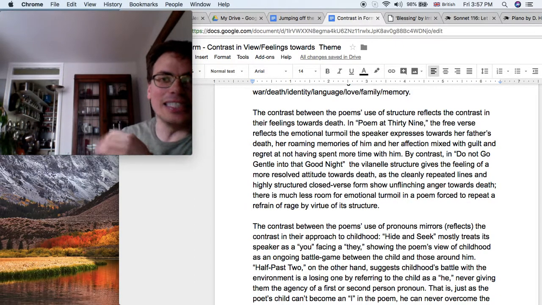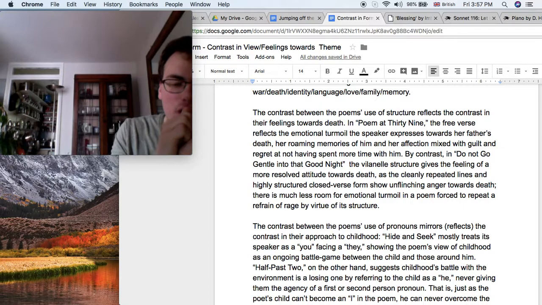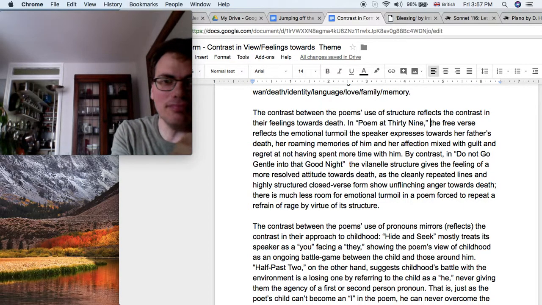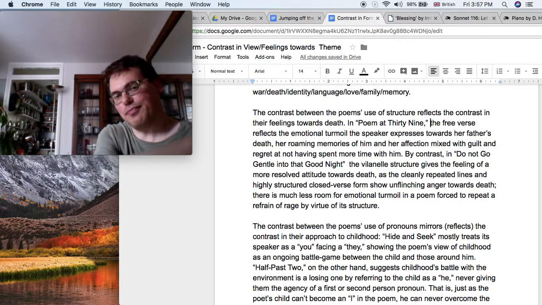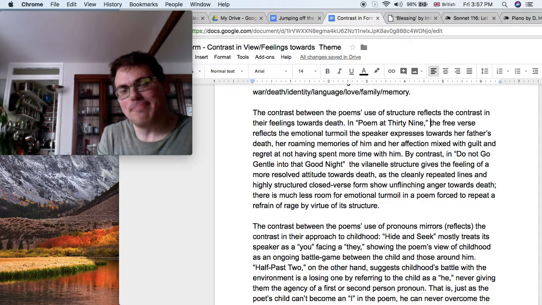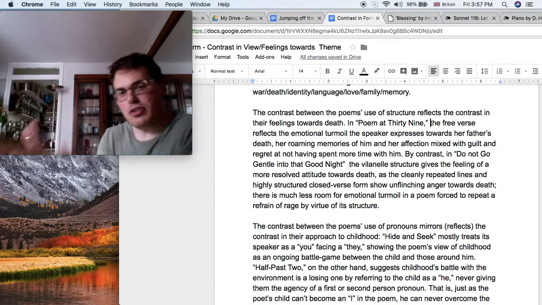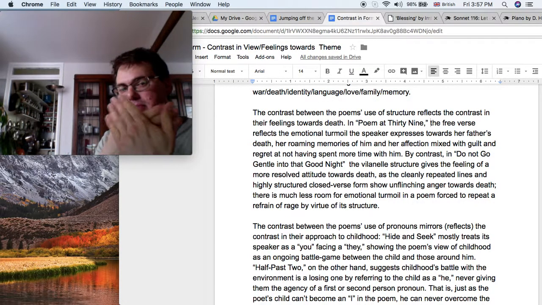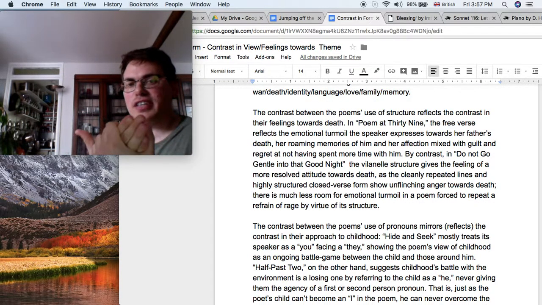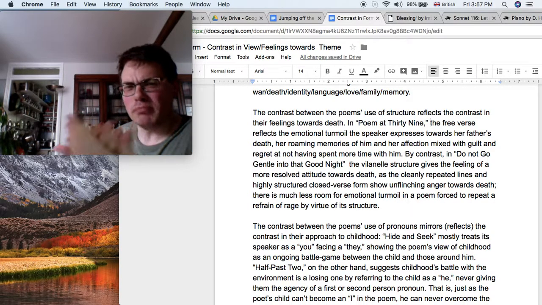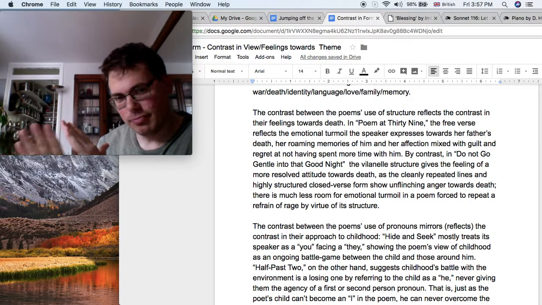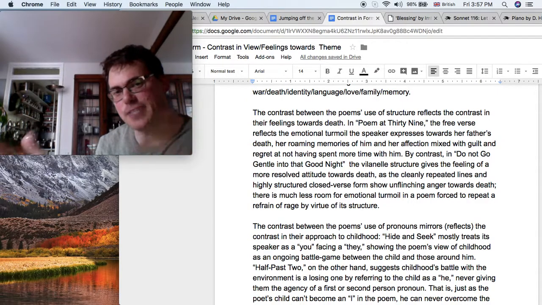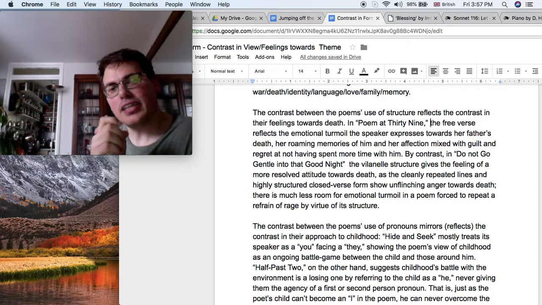Then you hit how that device is showing that attitude here, or the lack of the device. The imagery of light versus the imagery of darkness. The use of a rhyme scheme and a very structured villanelle form versus free verse. And you basically go from there.